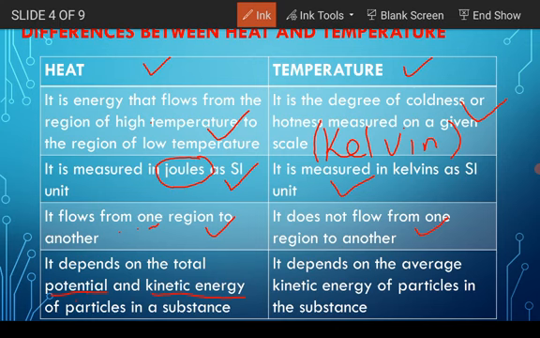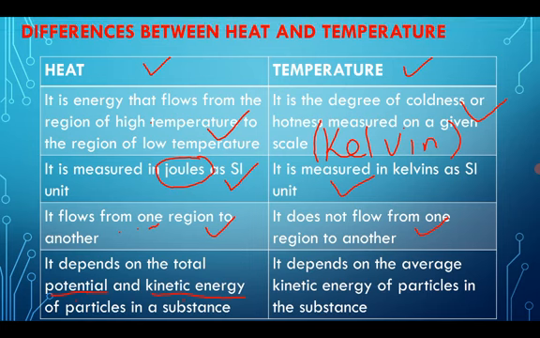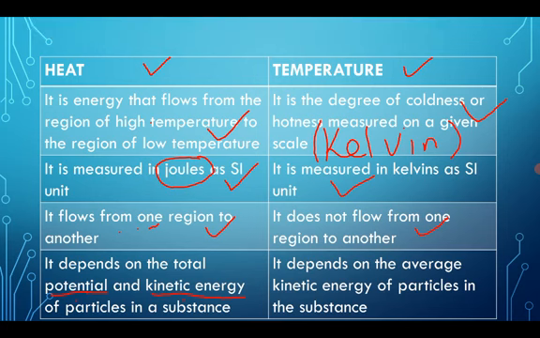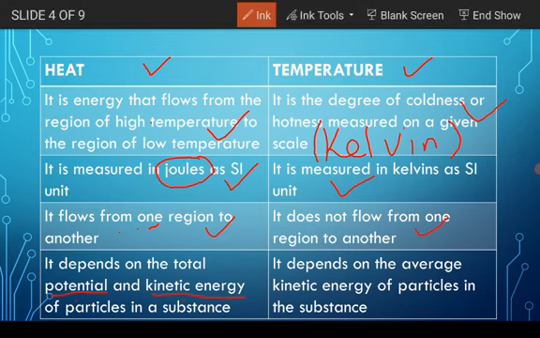So potential energy plus kinetic energy will determine the amount of heat contained in a substance. Heat depends on the total potential and kinetic energy together, but temperature depends on the kinetic energy only. Please take note: heat depends on both potential energy and kinetic energy.